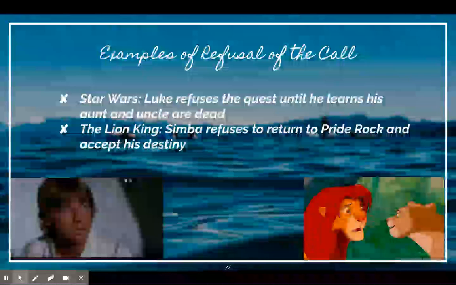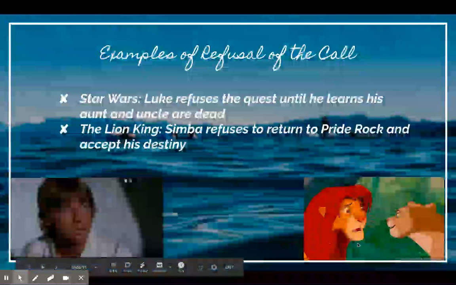In The Lion King, Simba at first refuses to return back to Pride Rock and accept his destiny after he has escaped into the jungle with Timon and Pumbaa. Again, this happens towards the end of the Lion King movie, right?